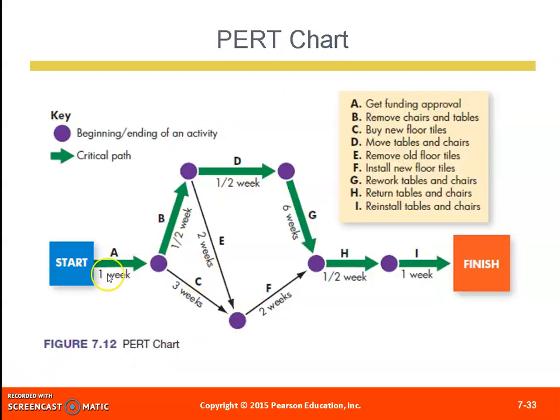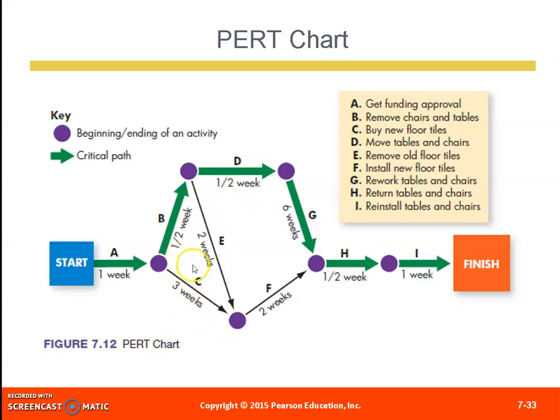Meanwhile, the PERT chart is much more complicated, because it determines the critical path, which job should be done earlier. For example, A is getting fund, and B is removing chairs and tables. You should do this before C, because this is the critical path that needs to be done to finish all these jobs within the designated time.